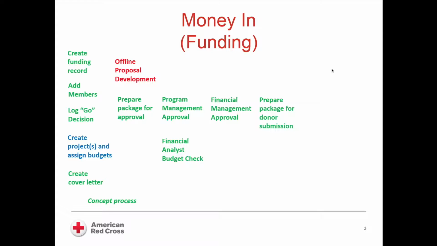So if there are forms to be filled out, it would be going to BizOps at this point, getting those forms and rolling them back into the proposal package, zipping everything together, making sure that everything in the most recent version of the proposal package that's in ECOS is accurate and correct and up to date, and is the most current version of that particular document. So all the annexes are the most up to date, the budget is the most up to date, and the narrative, anything that's in there.